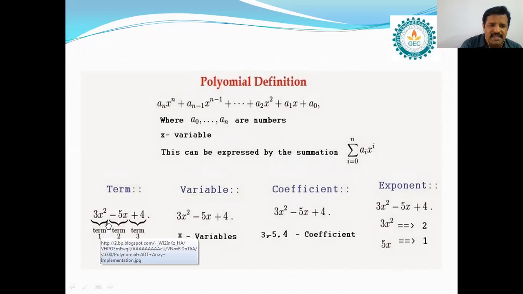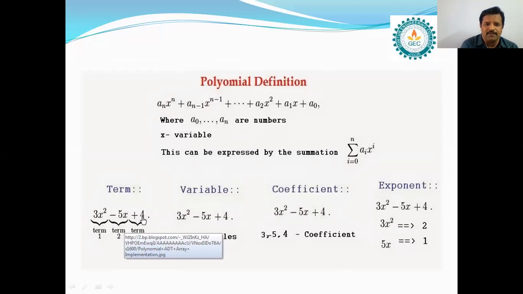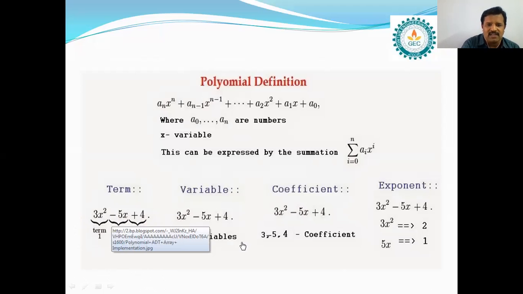Right? So take the expression 3x square minus 5x plus 4, where this polynomial expression contains different terms. 3x square is the first term, 5x is the second term, and 4 is the third term. In this expression, x is called the variable, and 3, 5 and 4 are called coefficients, and exponents are nothing but powers.